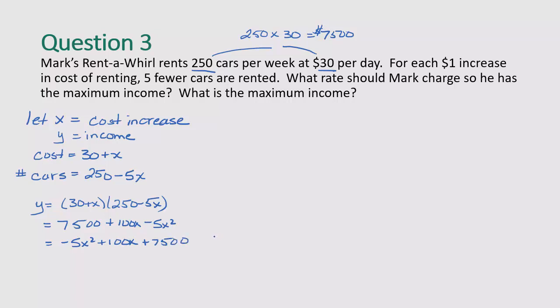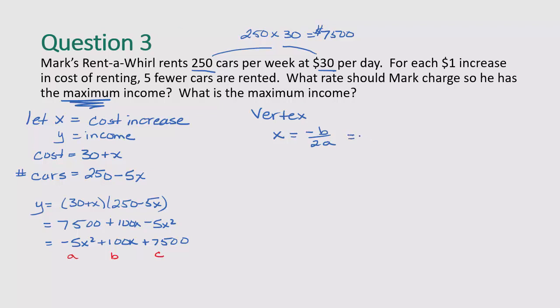So now that I have my equation, I have to look back to see what I'm being asked for. And it says, what rate should he charge so he has the maximum, keyword, income? Remember, maximum or minimum means I need to find the vertex. So to find the x value for that, it's minus b over 2a. And my equation down below has a, b, c values as it is written.